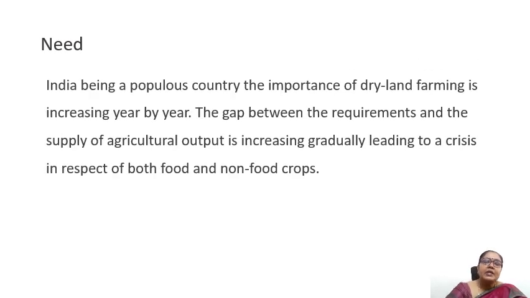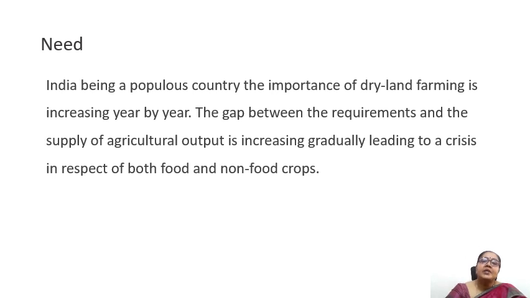Then, why do we need this dryland farming? We all know India is a populous country. We have a population which is fast growing, so it becomes very imperative for the government to provide food for our people.